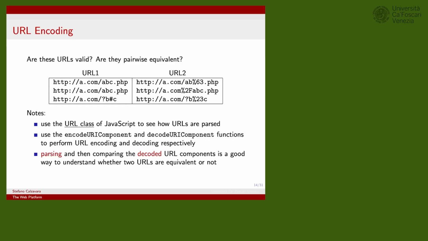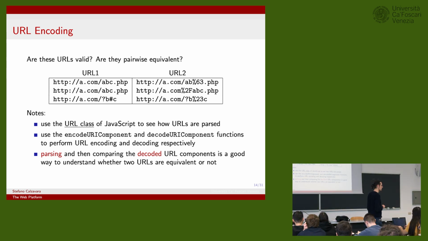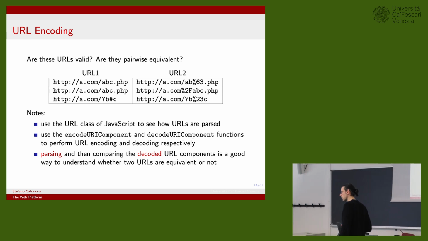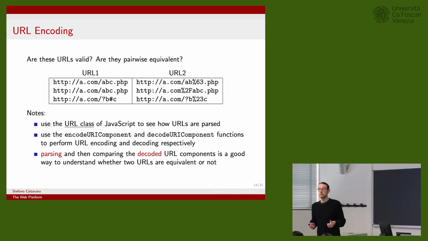Some other technical content in this slide, if you want to play with URL encoding. These are the JavaScript functions to perform URL encoding and decoding. If you want to see how URL encoding and decoding works, you can use encodeURIComponent and decodeURIComponent. And if you want to reason whether two URLs are equivalent, you can think about the following algorithm.